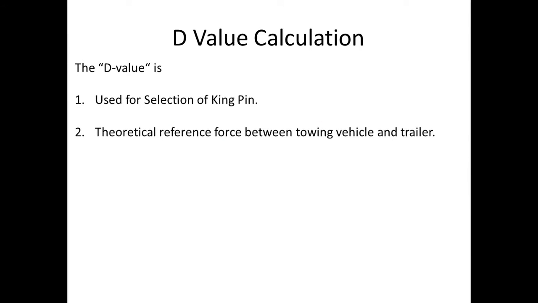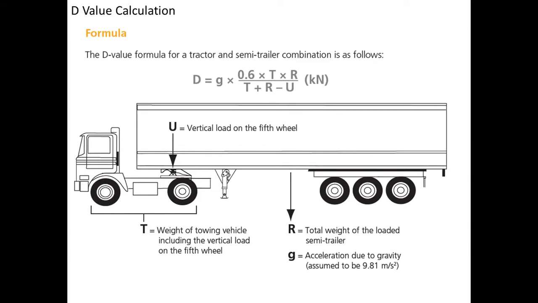While selecting kingpin, D value is of very prime importance, and this is the theoretical reference value between towing vehicle and the trailer. Now how is a D value calculated? The formula for D value is D equals G into 0.6 T into T divided by T plus R minus U, where T is the weight of towing vehicle including the vertical load on the fifth wheel.